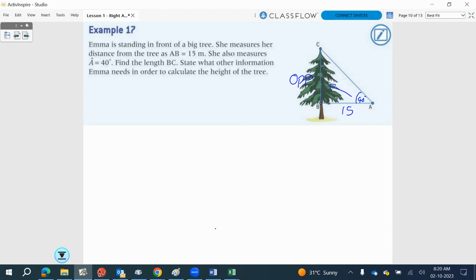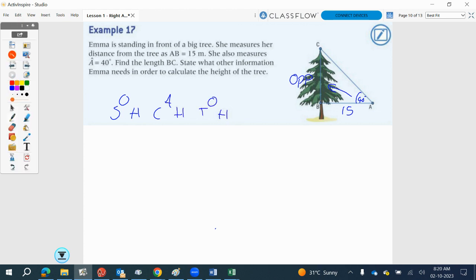If we look at our TOA, the ones that we have are the angle and the adjacent. The one that we're after is the opposite, so we want to use tangent for this one.